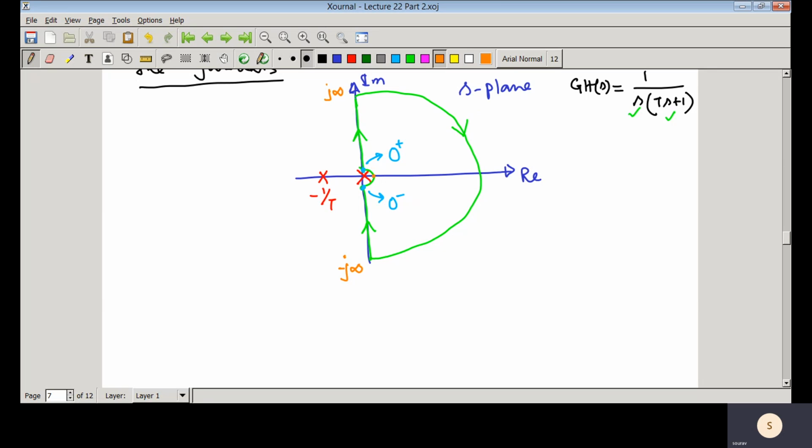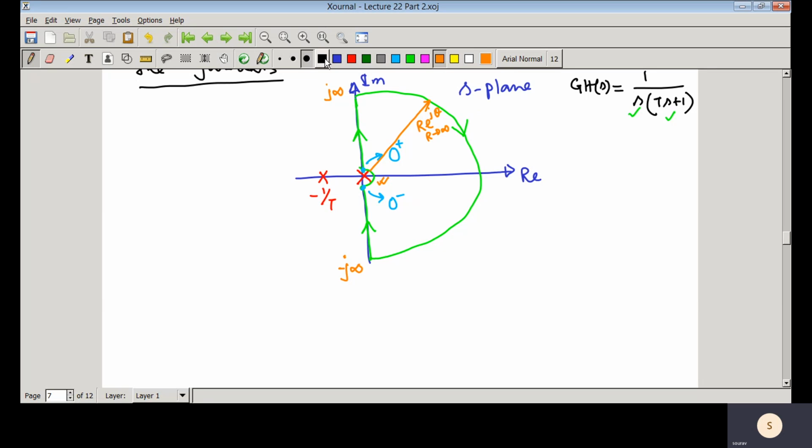And we have discussed that this particular thing is r e to the power j theta, where r is tending to infinity. Now let us consider this particular part.